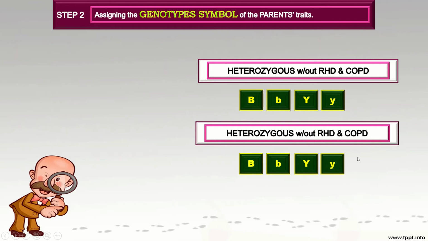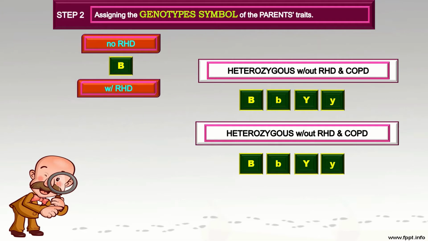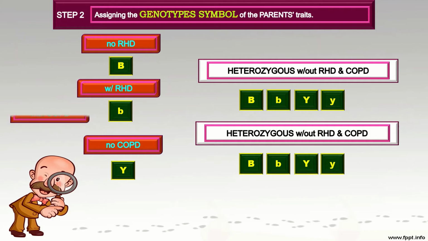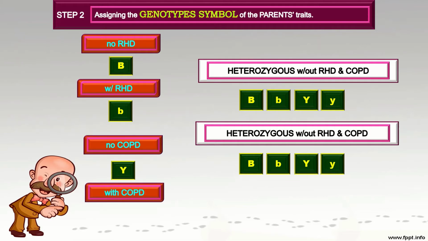Okay, so at this point we have to remember that the two traits must be passed on. So they must appear in the gametes, the egg cell and the sperm cell of the parents. Both must appear in the gametes.